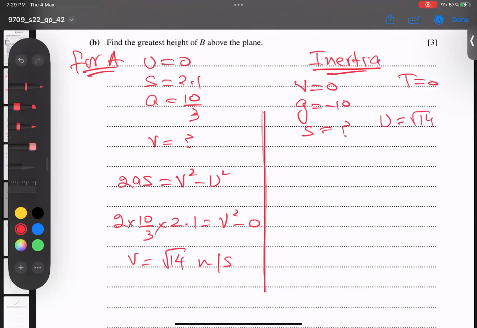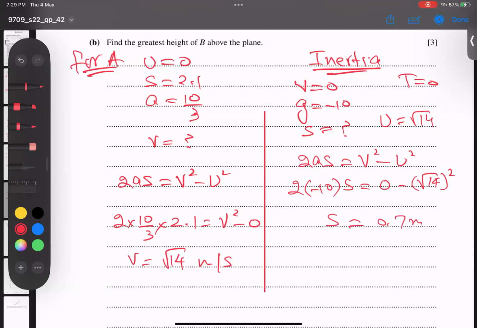Now I can use this data and find out the s. So 2as is equal to v squared minus u squared. Gravity negative 10 as the acceleration, v is 0, u is root 14 to the power 2. And s becomes what? Then this is becoming 14 divided by 20, and I get 0.7 meters.